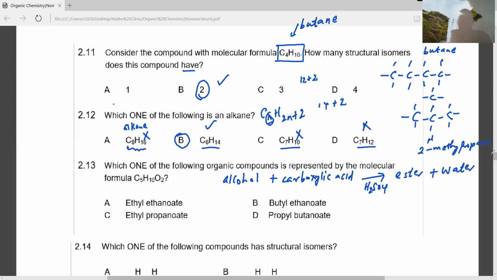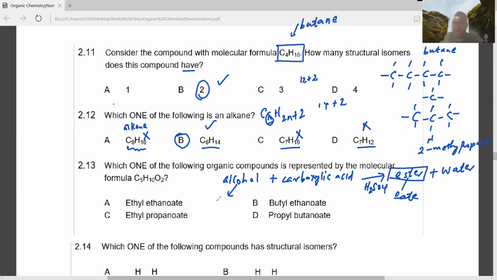So what does this mean? It means that when we are given an ester, if you want to know the name of the alcohol or the acid, remember that the naming of an ester ends with "-oate".